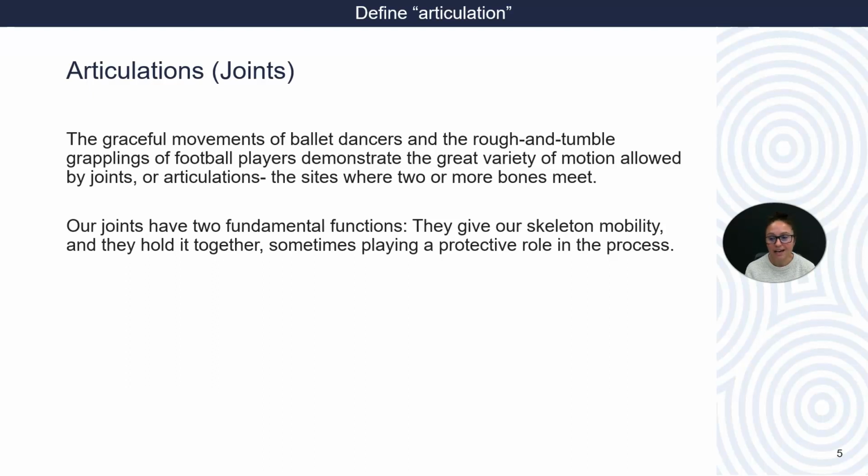Okay, so we need to spend a little bit of time now thinking about joints. Joints allow movement, okay? And the definition of an articulation is the location where two or more bones meet.